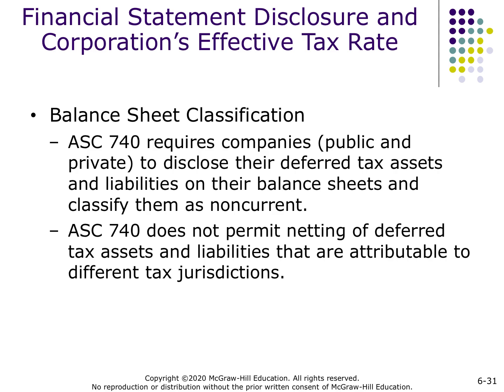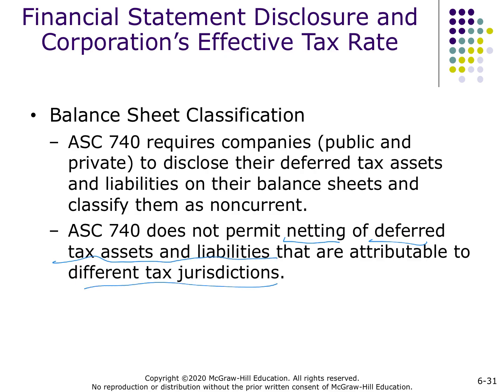So as far as the classification of the balance sheet goes, we've already talked about the fact that you have to disclose deferred tax assets and liabilities and classify them as non-current. Okay, but also it's important to know that you cannot net deferred tax assets and liabilities from different tax jurisdictions.